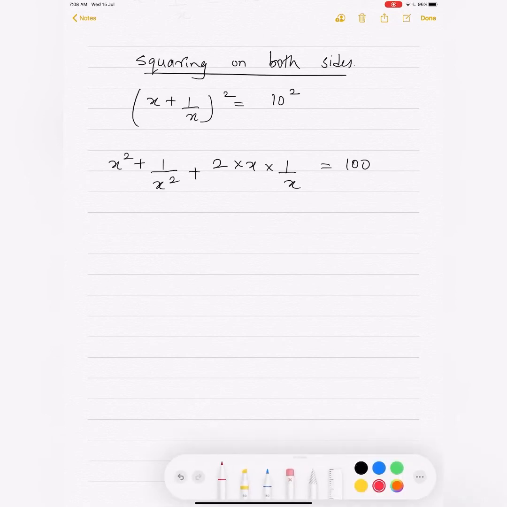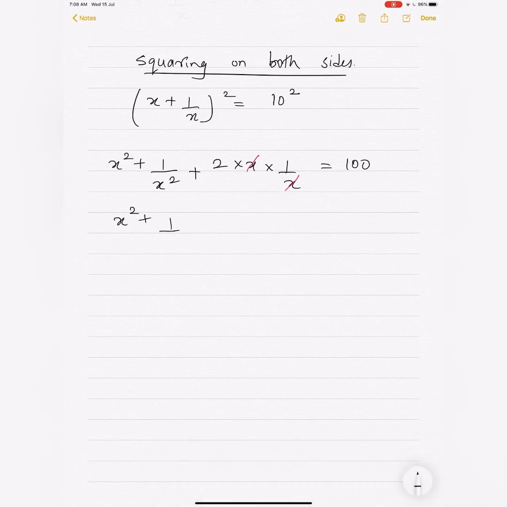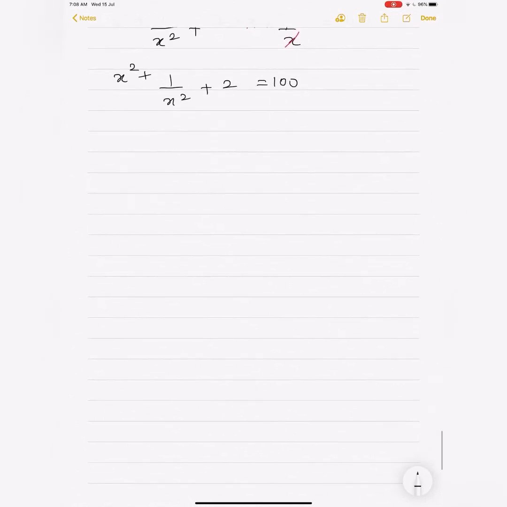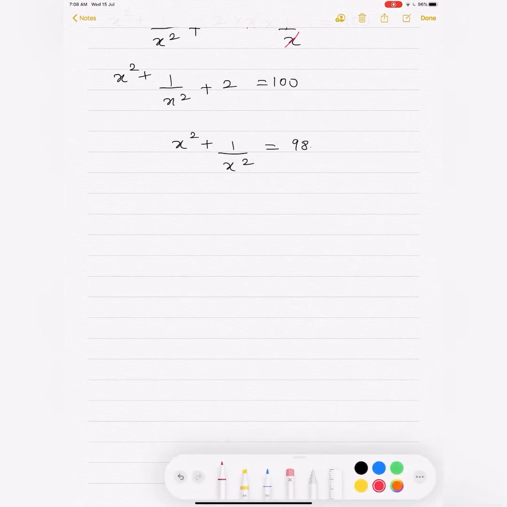Out here we can cancel x and x. We will get x squared plus 1 upon x squared plus 2 is equal to 100. So now therefore x squared plus 1 upon x squared is equal to 98. Clear? So this is our answer.